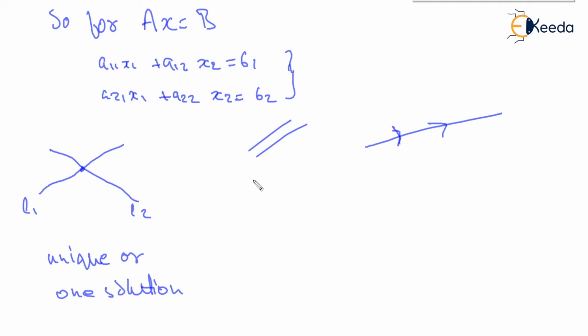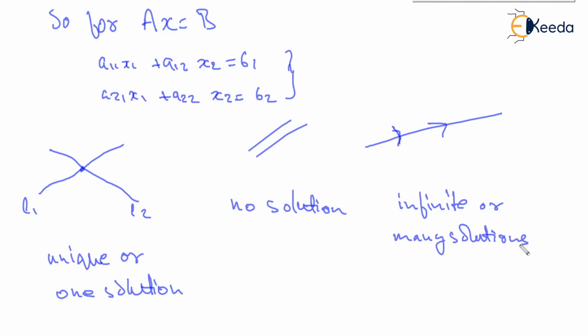These two are parallel lines, they will never meet, so this is like no solution. And this is like coinciding lines, so they'll always have all the points satisfying both the equations, so it is infinite or many solutions, right?